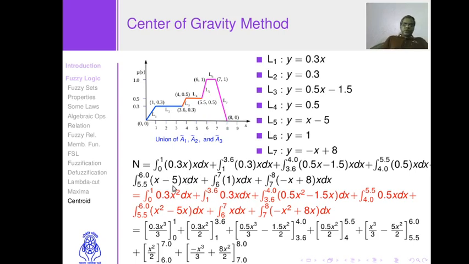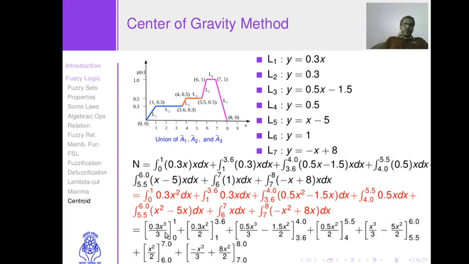This equation becomes like this now: 0.3x squared, 0.5x squared minus 1.5x, because we multiplied this x with the given equation. If you perform integration for this equation, the integration of x squared is x cubed divided by 3.